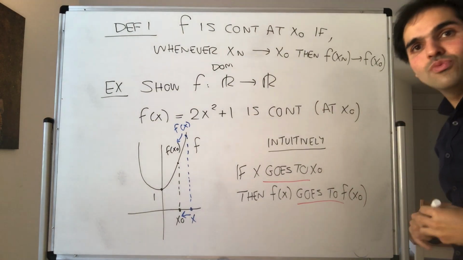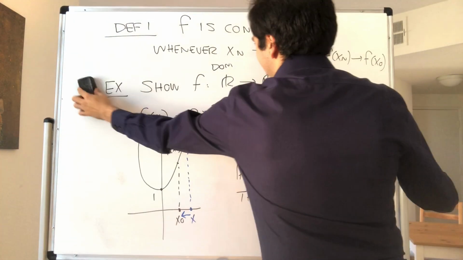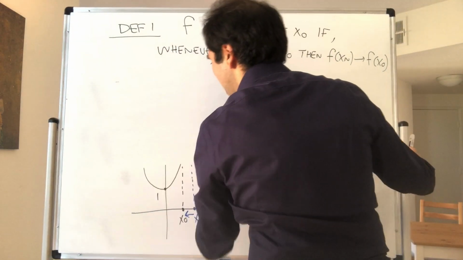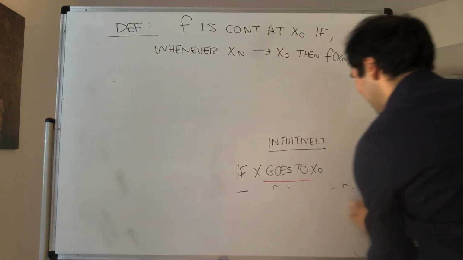Which is nice because we know what limits of sequences are. And that was again the whole point of chapter 2 and the previous playlists.